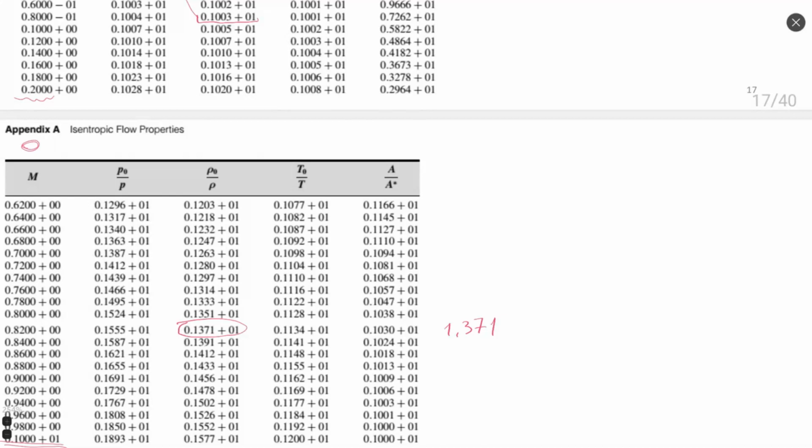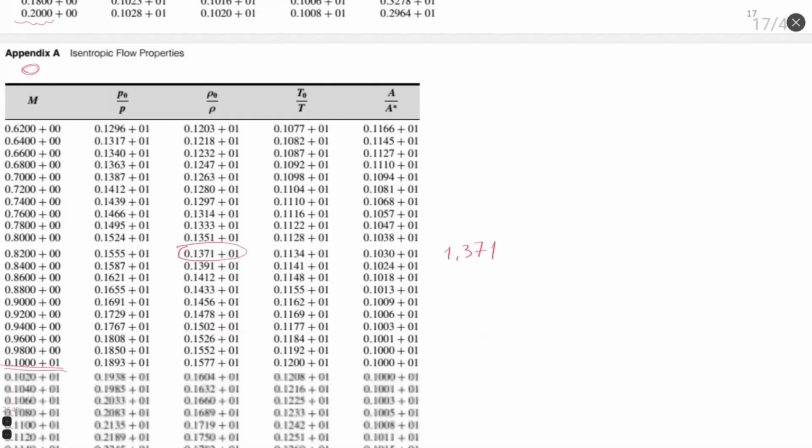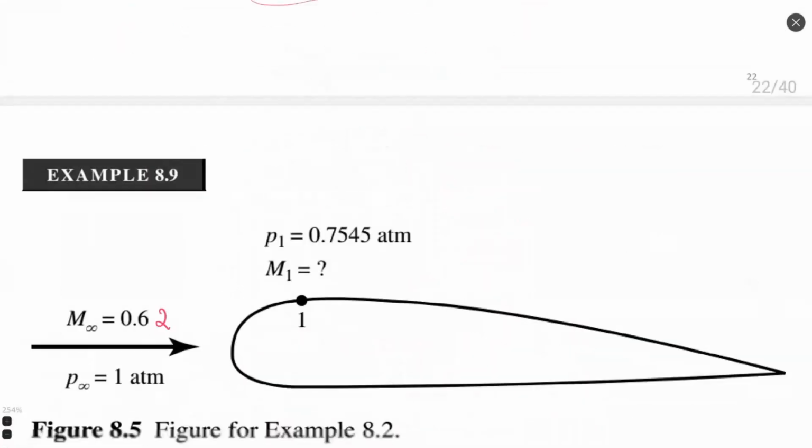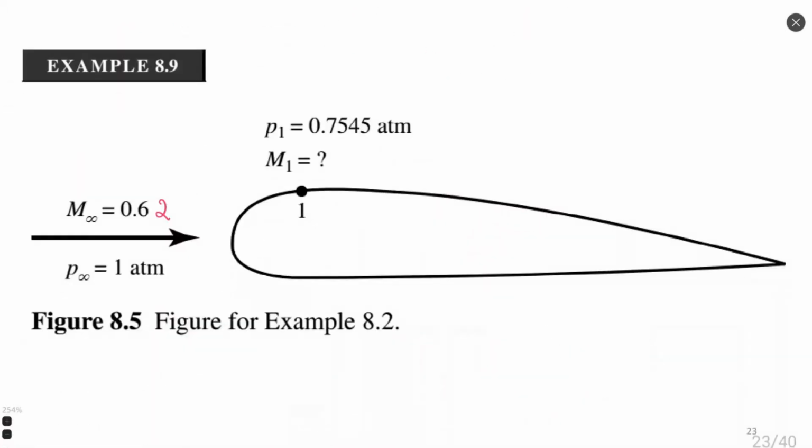I will remember this value for this example 8.9. So I have P0 by P from Appendix A equal to 1.3. This is valid for Mach number 0.62, as a function of Mach number.